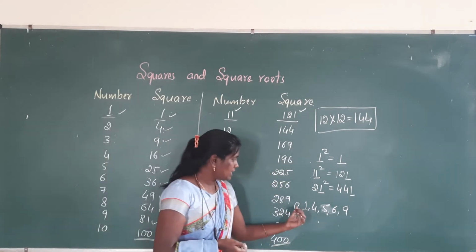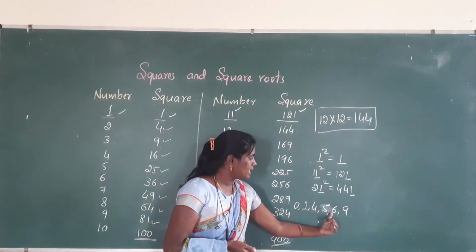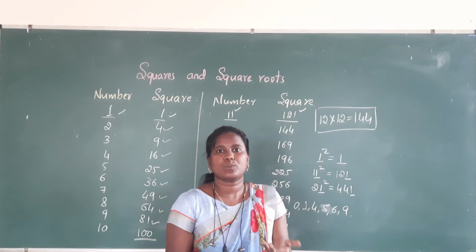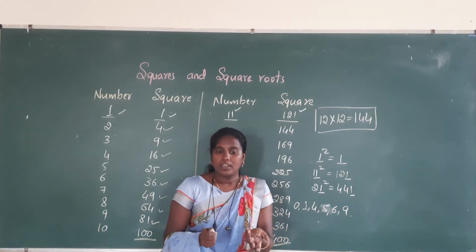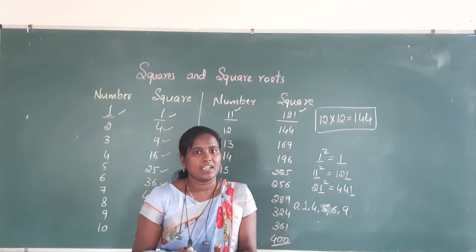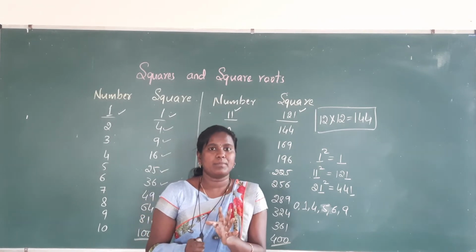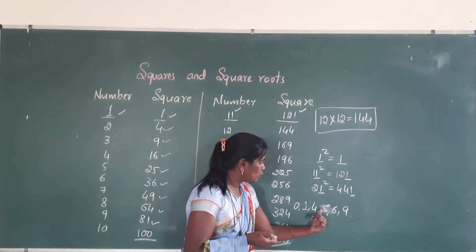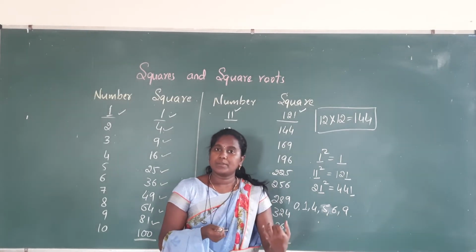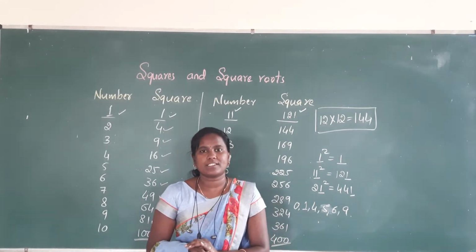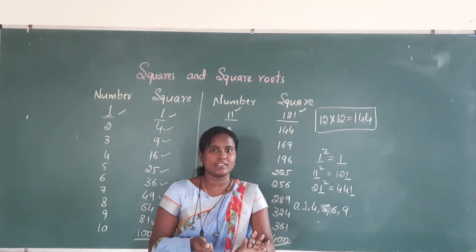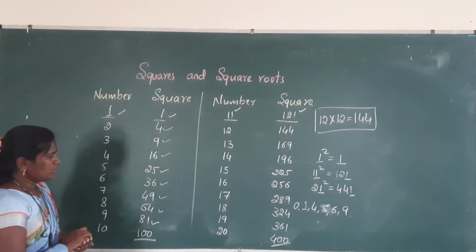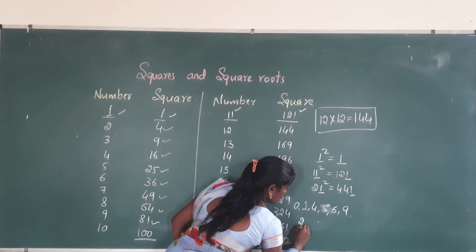The numbers which end with 0, 1, 4, 5, 6, 9 may be perfect squares, but not always. Now if you observe, 2 is not there.